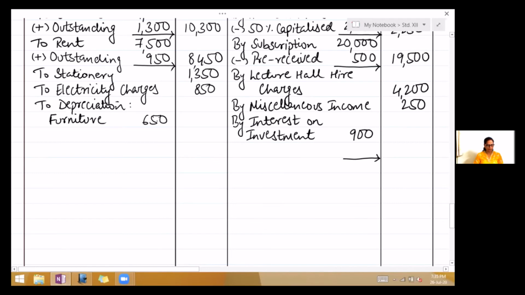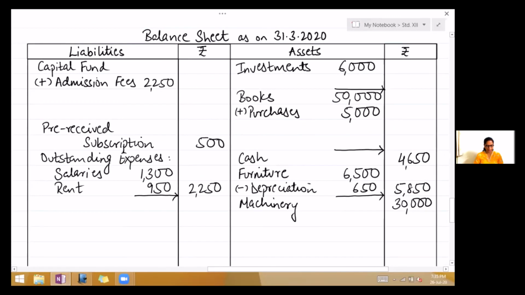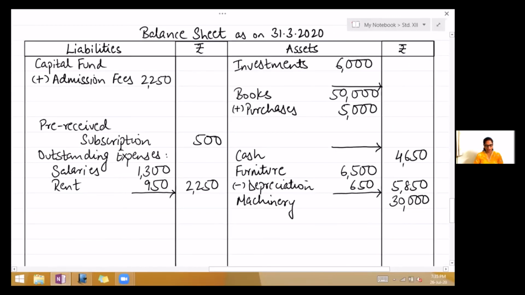The next adjustment, it says library books were purchased on 1st April 2019, charge depreciation at 10% per annum. So if you look there, books 50,000, that was the opening balance, and the purchases were made on 1st April, that is 5,000. So the total is 55,000. So on this 55,000, you will now charge depreciation.